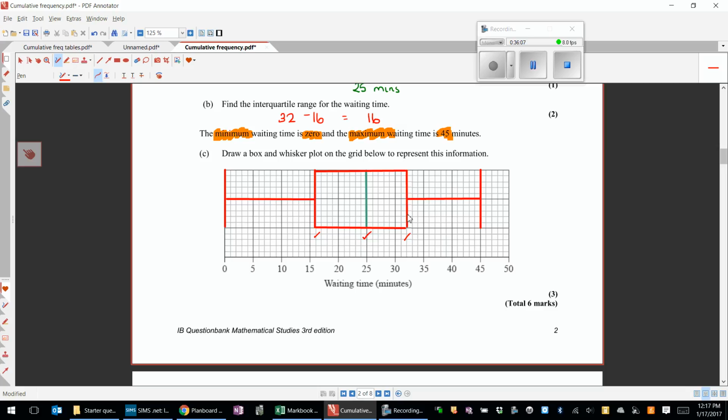And getting the maximum and minimum and drawing the box would be a mark. Okay, so you can see how you build up your 3 marks. So I would probably suggest, even if you didn't draw the box but you got the lines in, the box would be there anyway.